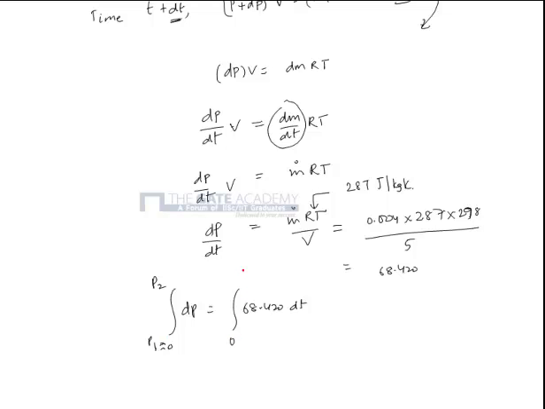Let's say time is 0 when it is initially evacuated and at the start of the process, and the time is 1 minute, so the time is 60 seconds. So this comes out to be P2 minus P1 equals 68.420 into 60 seconds, and P1 is 0, so this comes out to be 68.420 into 60.